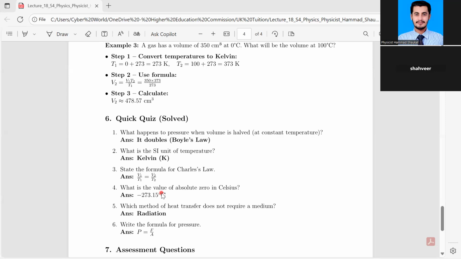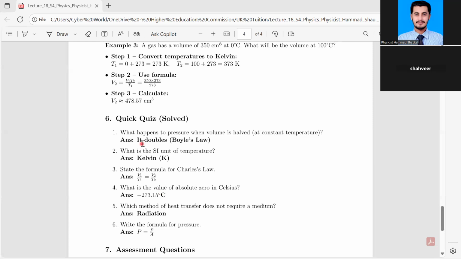Can you tell me what is the statement for Boyle's law? Boyle's law tells us about the relationship between pressure and volume. And what is the relationship between pressure and volume? Either direct relation or inverse relation? Inverse. Yes, inverse relation.